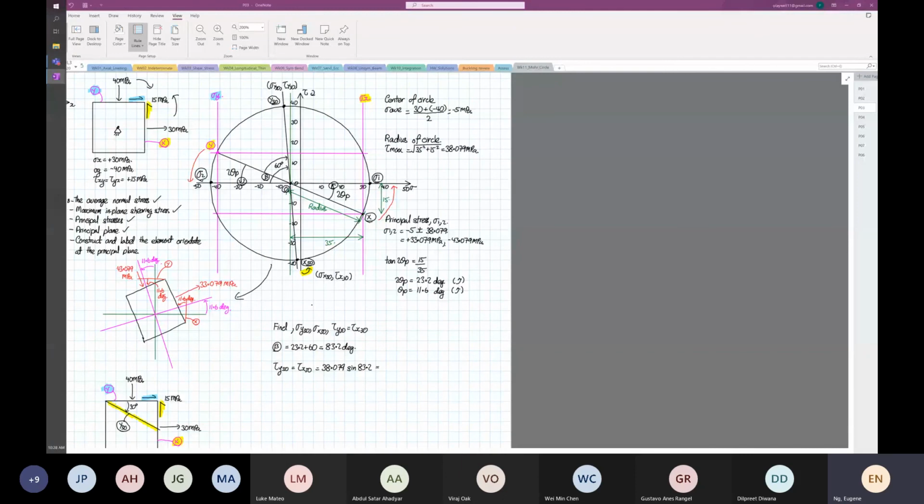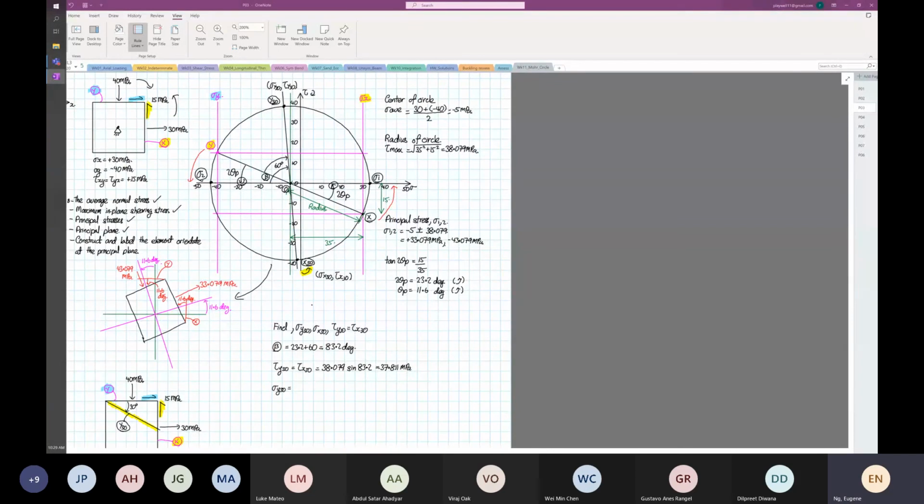So it's equal to 38.079 times sine 83.2, which is equal to 37.811 megapascal. So calculate the shear stress first. Now, the normal stress.